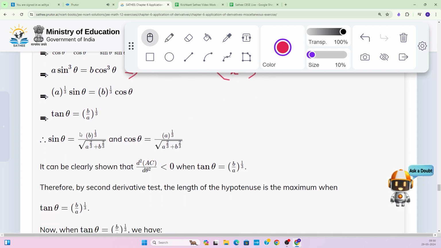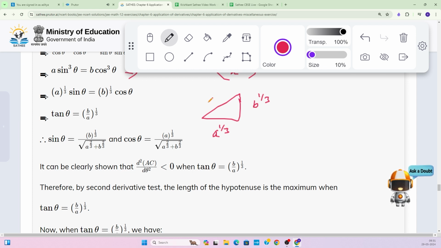Now from here, what you can say is that sin theta, okay, sin theta will be what? Use the trigonometric thing, or the triangle formula if you want to. Tan theta is the ratio of what? Perpendicular by base. Yes. So perpendicular is cube root of B and base is cube root of A. Now sin theta is what?